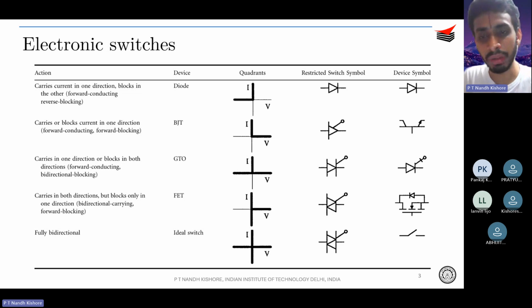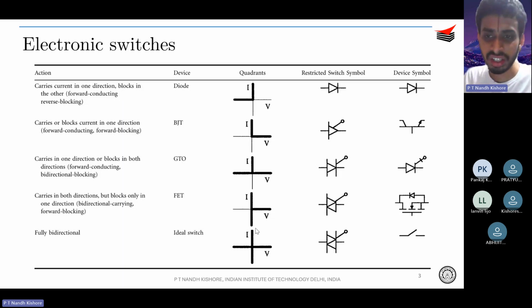But GTO is an improved version of that, wherein you have the flexibility that you supply a sufficient negative gate current, and then the GTO or the device just turns off. And it has characteristics similar to SCR. So it has unidirectional current capability and bidirectional voltage capabilities, right? And then you have the MOSFETs.